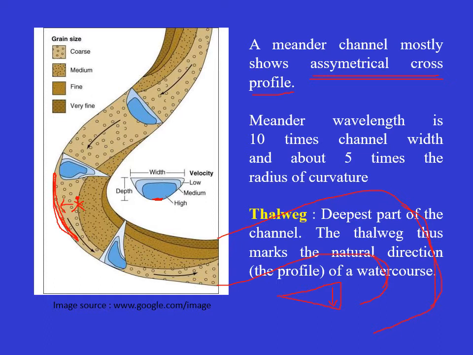So this bank is known as the concave bank. Whereas if you look at this bank, the curvature looks like a convex lens. So this bank is known as the convex bank. Remember, for a meandering river, the concave bank is always the erosional bank, the convex bank is always the depositional bank.